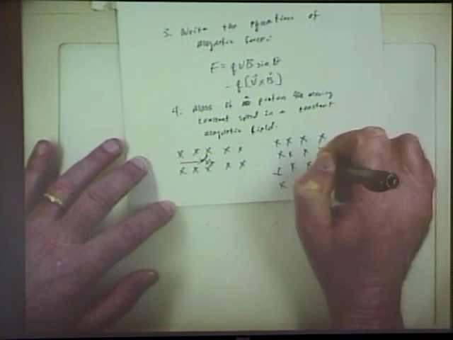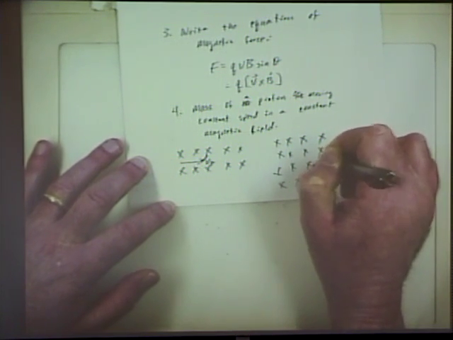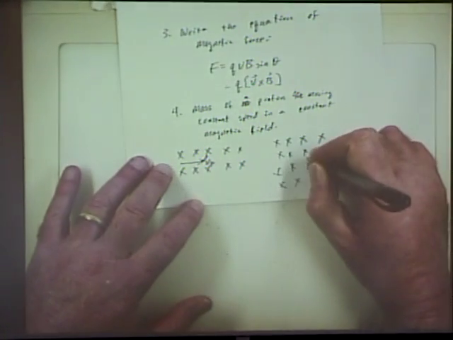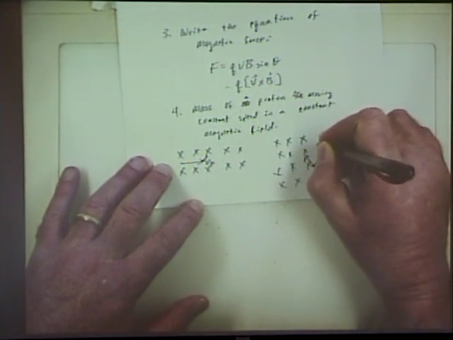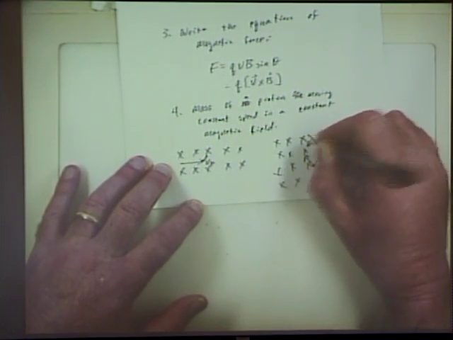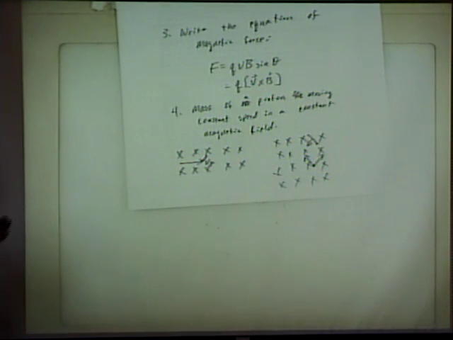Then when he gets to this position right here and he's flying this way, he's still perpendicular, but now he feels the force like this. And then when he gets over here, his velocity is still perpendicular, but he feels the force like this.